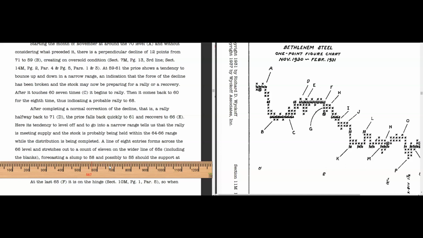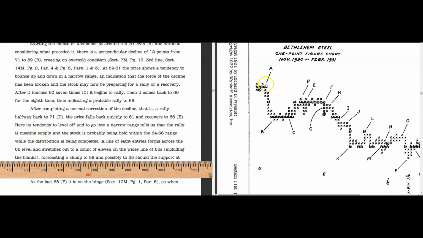It has a count of 8, so subtract 8 from 66 and the projection will be 58. If you take the count from the distribution at the 65 level, you have a count of 11. That 11 will project to 55. Why? Because 65 minus 11 is 55. So just counting and subtracting. It's really not that complicated, right?